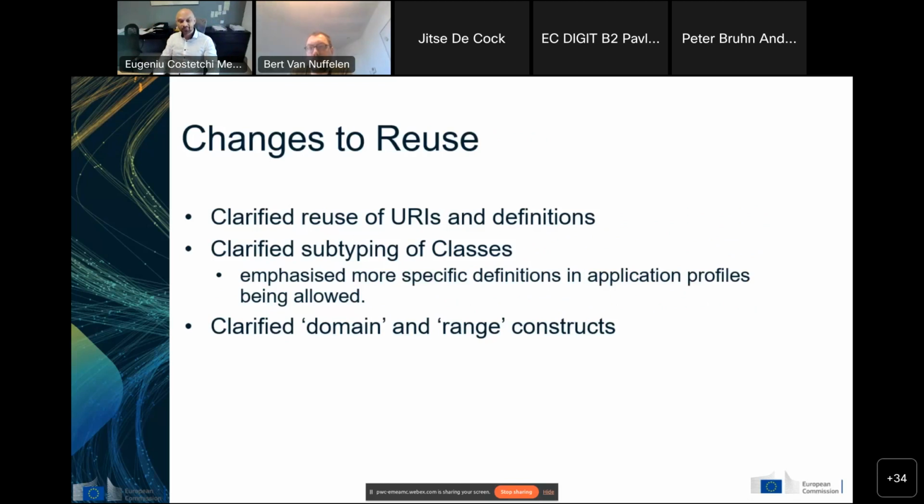There was quite some discussion, and I'm sure that this discussion is not over. On the opposite, I think it's worth spending one or two blog articles on explaining the approach to domain and range constructs. So we did our best to clarify it in the reuse section.